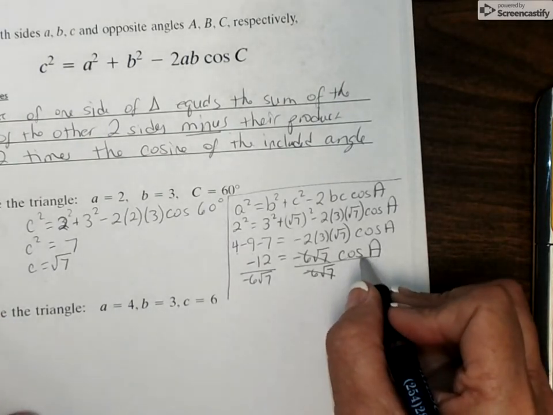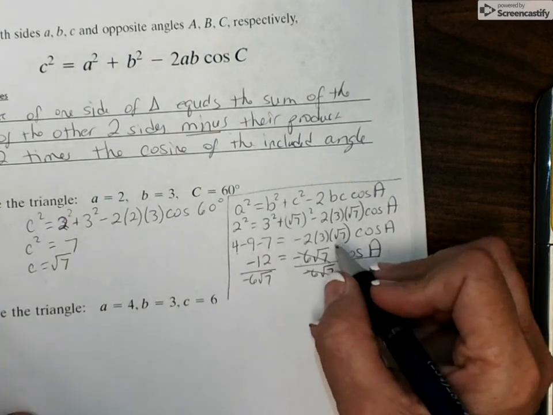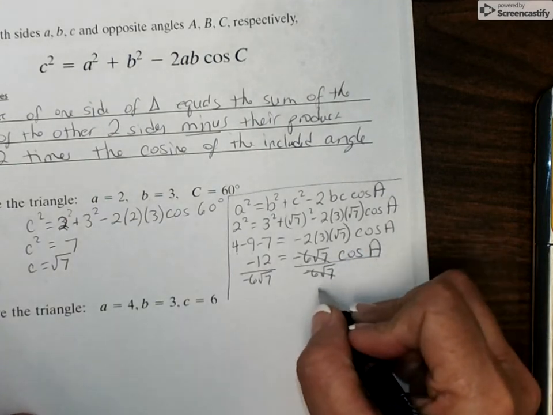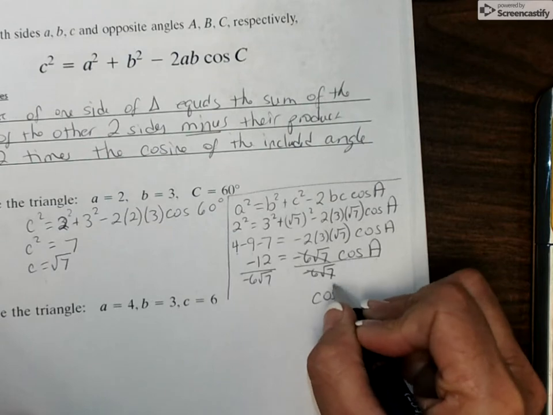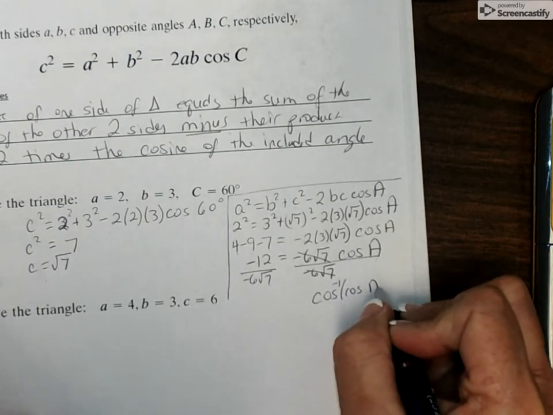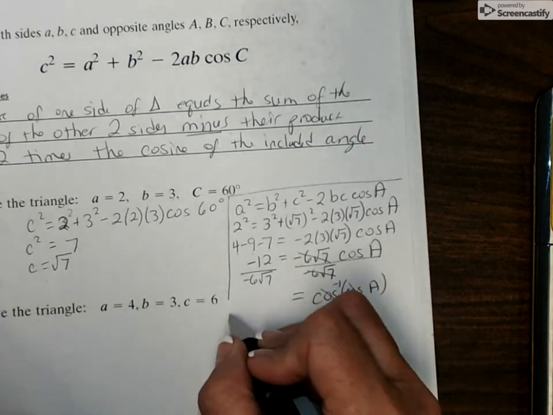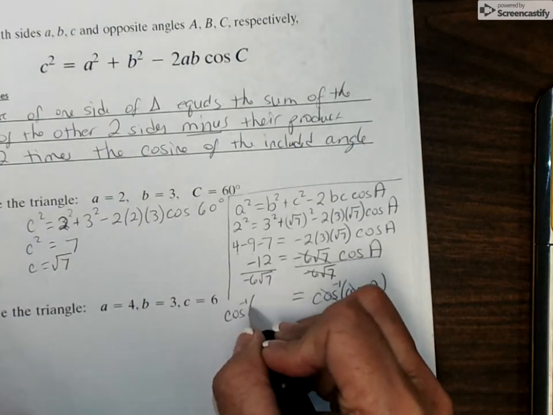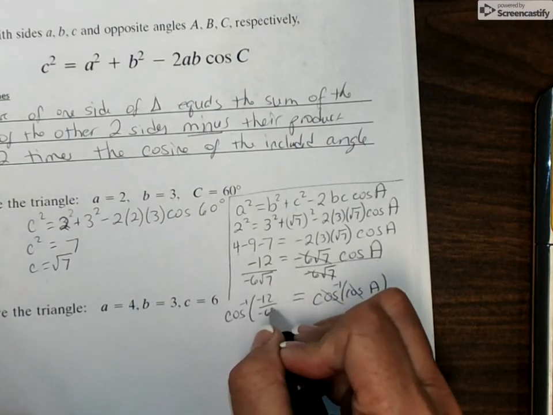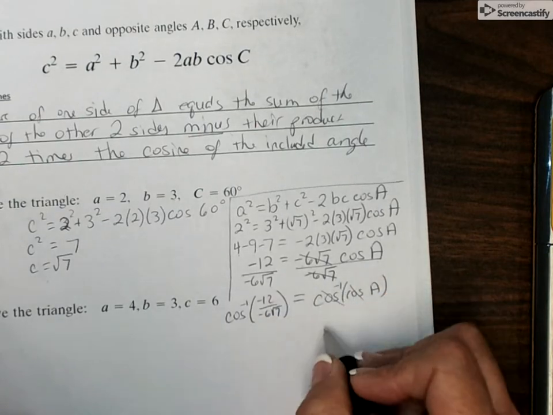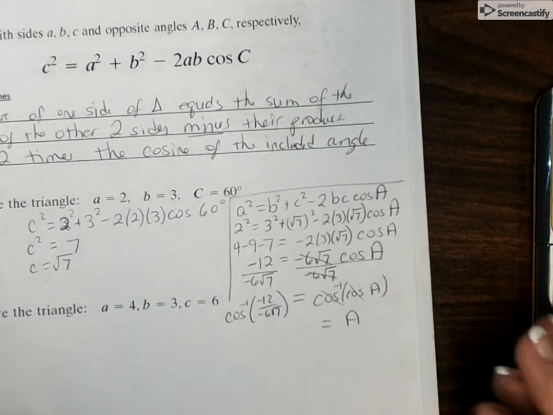To undo cosine, to get A by itself, I have to take cosine inverse. So I take cosine inverse of the cosine of A, and the cosines cancel. On this side, I've got cosine inverse of negative 12 divided by negative 6 square root of 7. I'm now going to put this in the calculator.